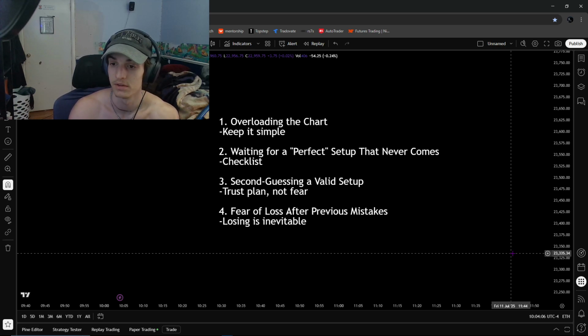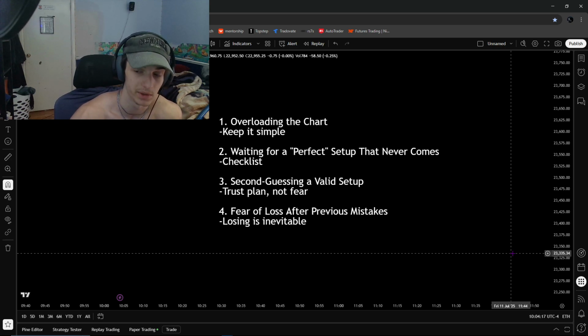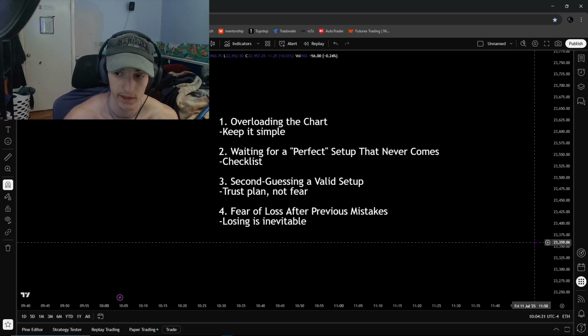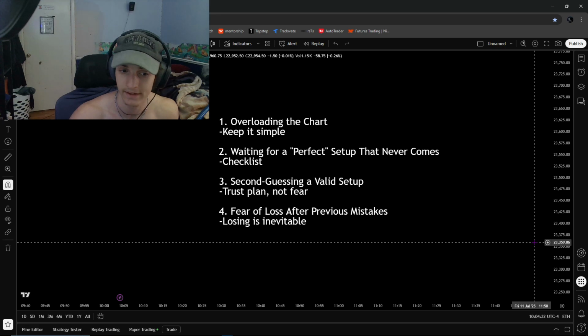Like I just mentioned, what I need is some sort of high time frame liquidity grab, whether that be a high time frame fair value gap or a high time frame liquidity sweep. Then I can go down to the lower time frames, look for an SMT and an inverse fair value gap. There's my checklist. Whenever I see my checklist fill out, I enter.